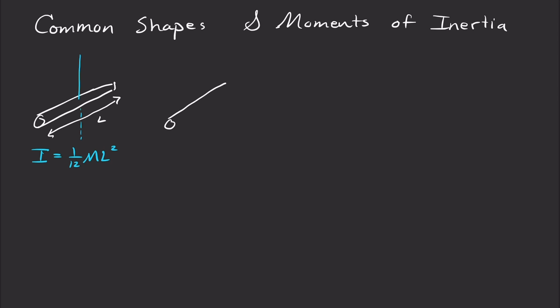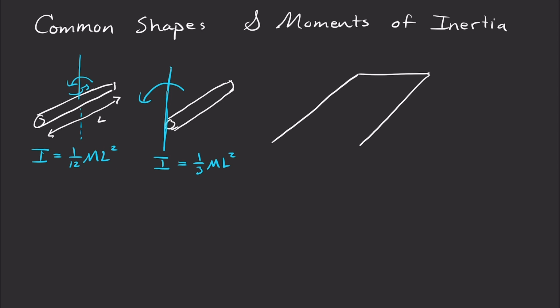But if we take that same rod and rotate it about this axis on the edge, so spinning it in a larger circle about an axis next to the edge of the rod, now the moment of inertia is 1/3 mL squared. Okay, and these moments of inertia are typically found in a table, and you can calculate them using calculus pretty easily. But if you don't know calculus, these have already been done for most generic shapes, and so you typically just go look it up in a table.